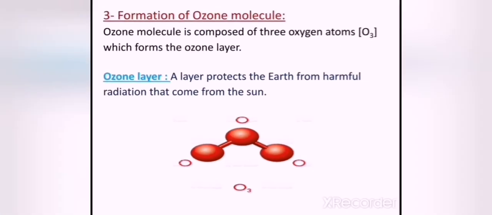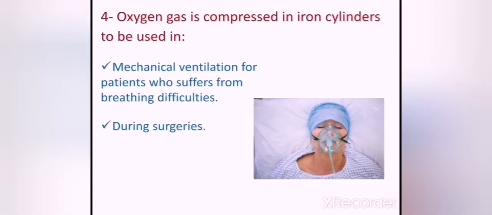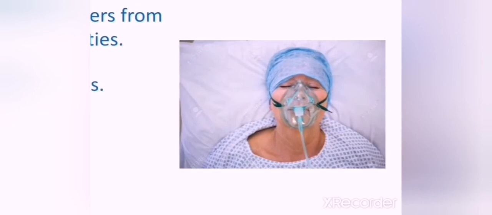Number 4, the oxygen gas is compressed in iron cylinders to be used, number 1, in mechanical ventilations for patients who suffer from breathing difficulties.